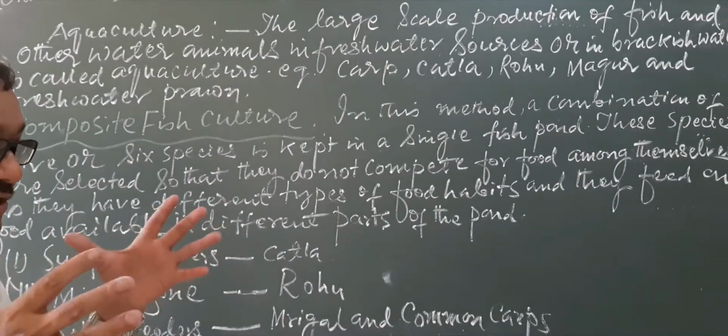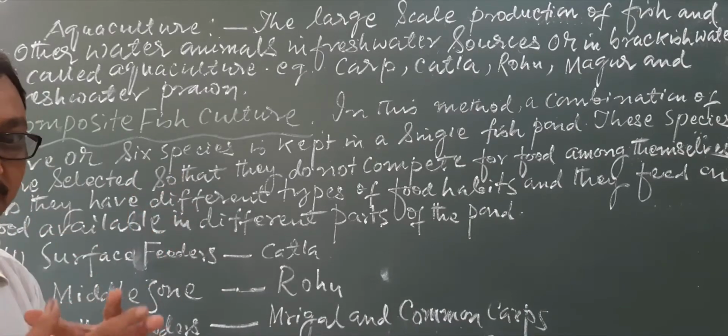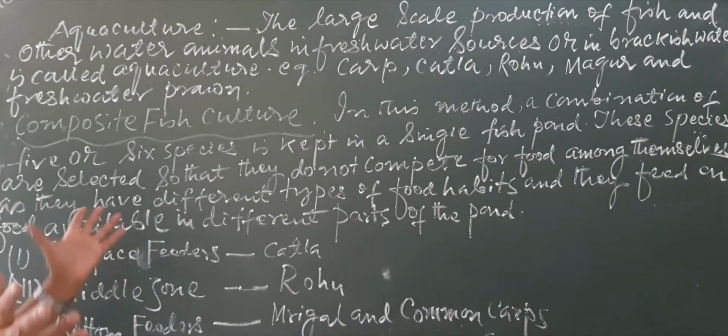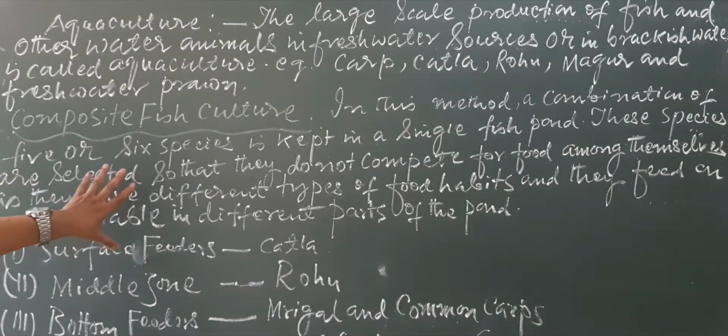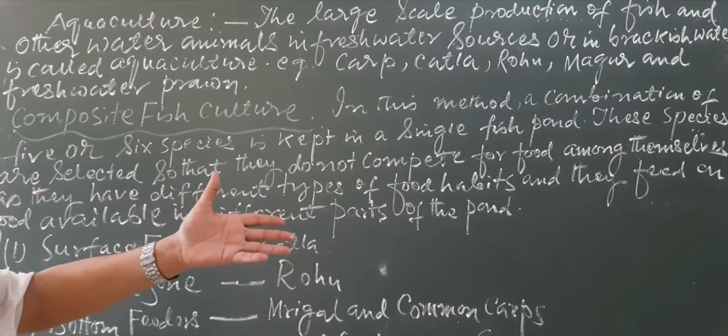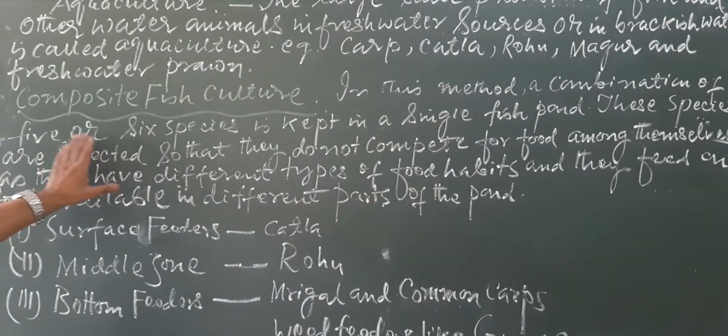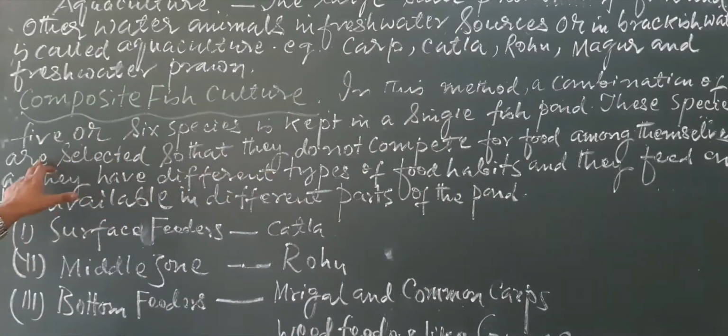That is why there is no competition among themselves for food, and that is why they develop and breed in a very good manner. In this method, a combination of 5 or 6 species is kept in a single fish pond.